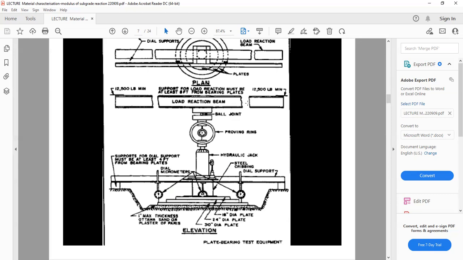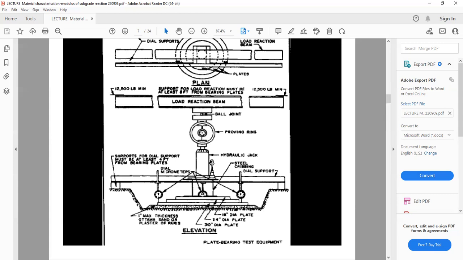So how does this work? We apply a load from either a truck or any other external loading to this beam. This beam presses this. Now what we do, we have a reaction frame over there.